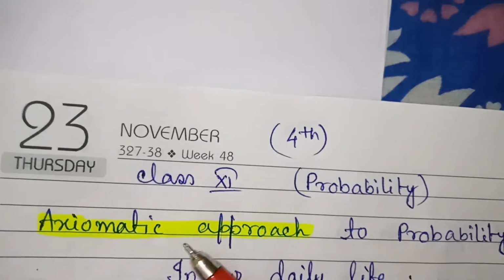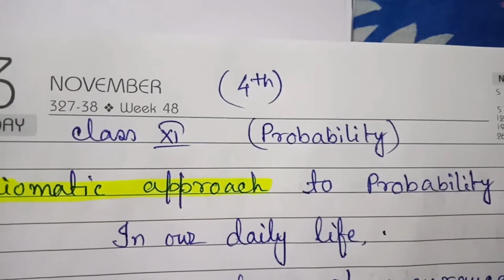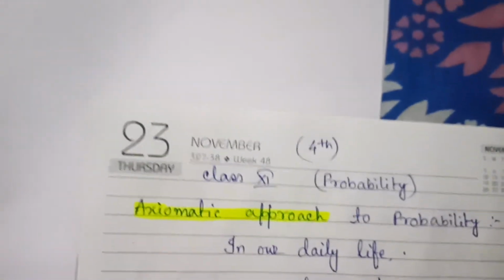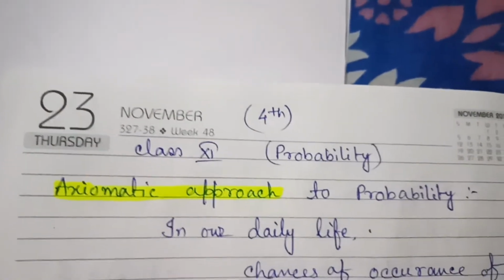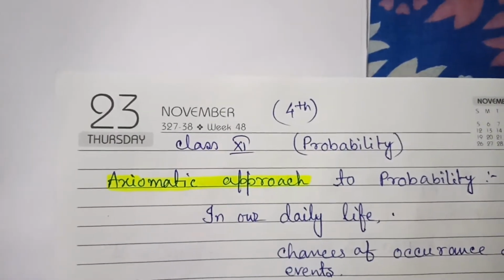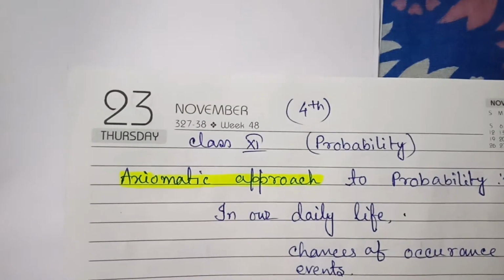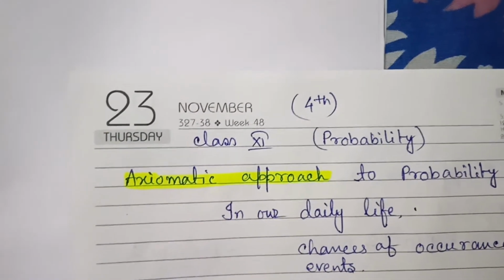Before we start the axiomatic approach to probability, I just want to give some introduction to it. In our day-to-day life, we normally use many words about chances of occurrence of events. Probability theory attempts to measure these chances of occurrence or non-occurrence of events.